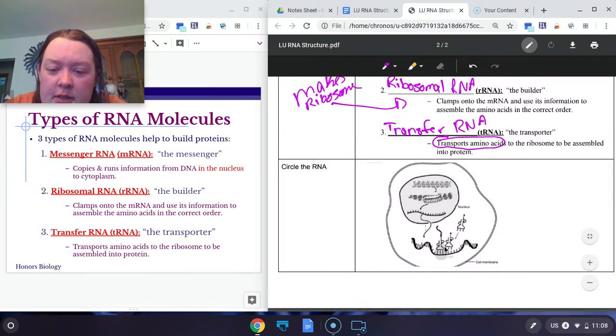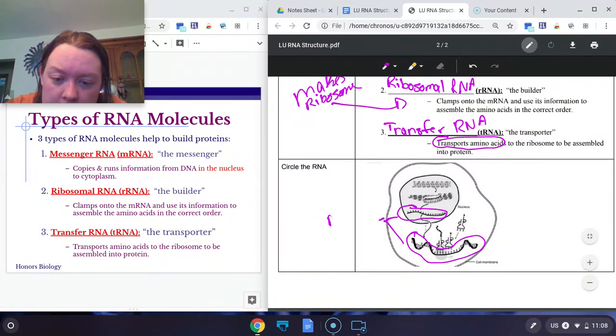So if we're looking at this image here, RNA is located here in the nucleus when it's made from DNA into RNA. That RNA is going to leave the nucleus, and then it will be read by the ribosome. So this single-stranded molecule here is RNA as well. These are the mRNAs.